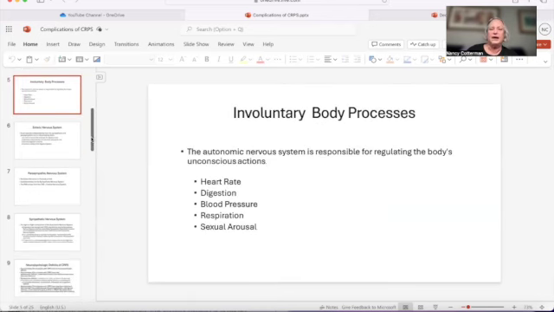Involuntary bodily processes. The autonomic nervous system is responsible for regulating the body's unconscious actions: your heart rate, digestion, blood pressure, respiration, and sexual arousal.